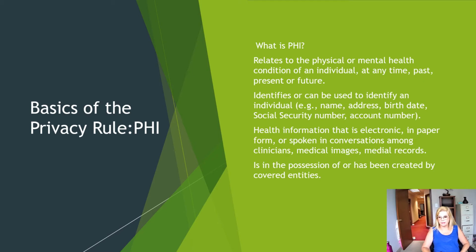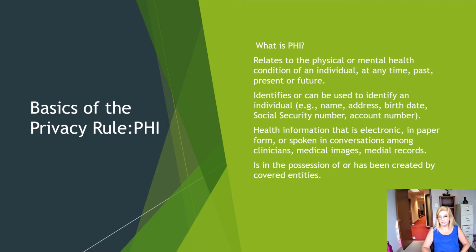Basics of the privacy rule, or PHI. So what exactly is PHI? PHI relates to the physical or mental health condition of an individual at any time, so it can be past, present, or future. It identifies or can be used to identify an individual. For example, someone's name, address, date of birth, social security number, account number, all those things identify someone, so they're considered PHI.